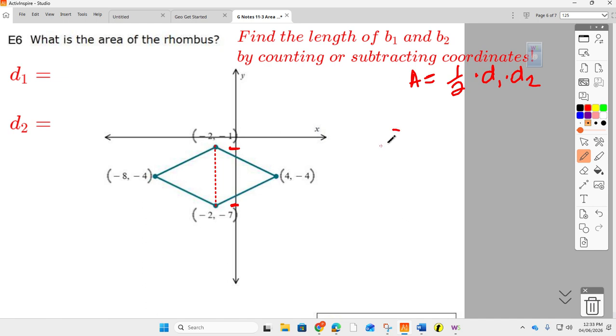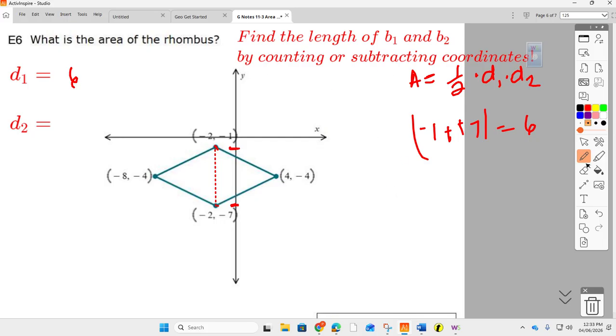We could also subtract: negative 1 minus negative 7, absolute value of that, is the absolute value of positive 6, so that is 6. You can count from here to here, or you can subtract the coordinates. Just remember, it's got to be the absolute value.